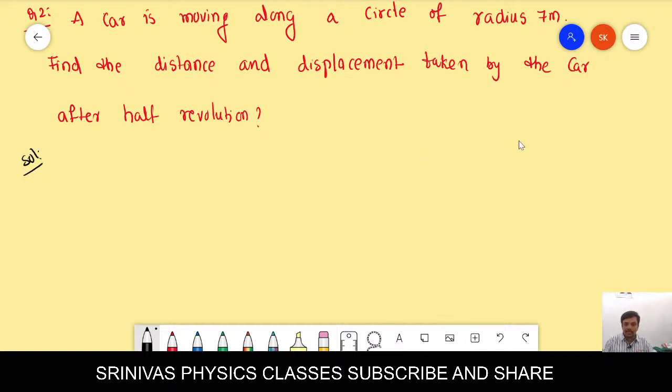What they are asking: this is a circle, and one object, a car, is moving along the circular road.